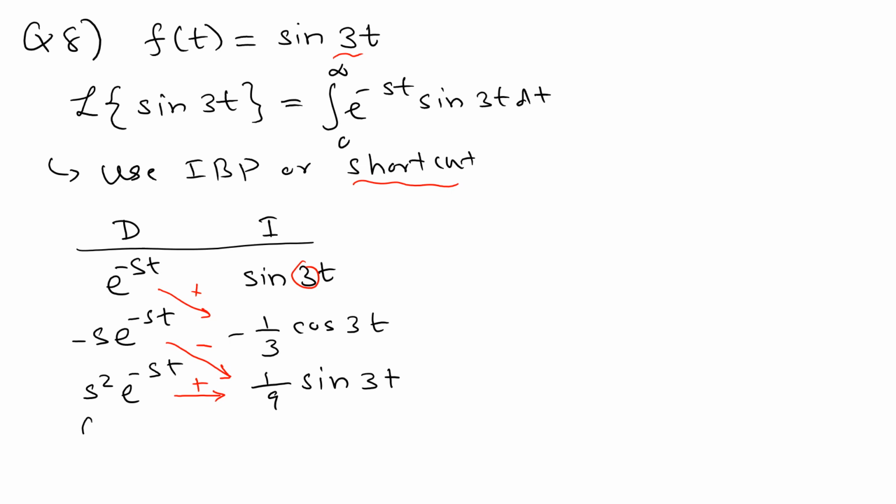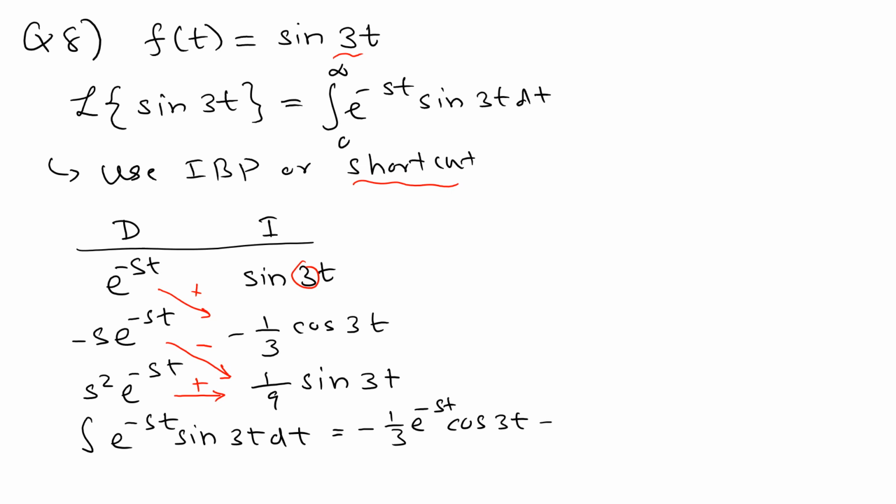So we're going to say the integral of e^(-st) sine 3t dt equals. If you look at the first product, that's going to give you negative 1/3 e^(-st) cosine 3t. That's the first line.